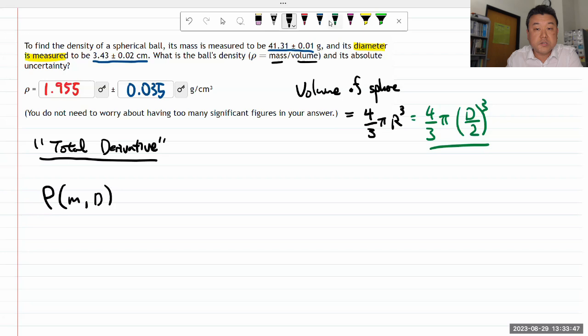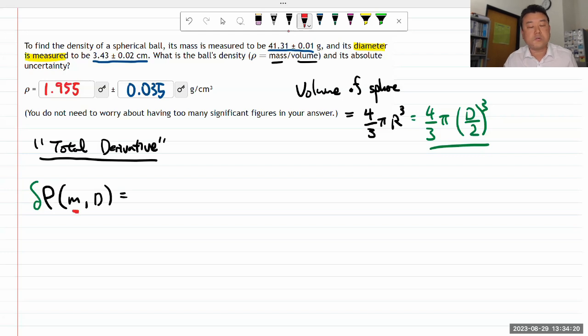And any uncertainty in rho is going to be dependent on the uncertainties of the mass and the diameter. And the way to express that, the way to propagate that error, is to say this total uncertainty in the density comes from the uncertainty in mass.